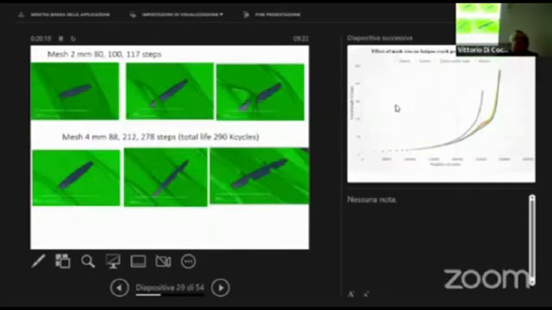The next two examples are for the mesh with 2 millimeter size and the mesh with 4 millimeter size, and you can see practically about the same, just a different number of cycles.